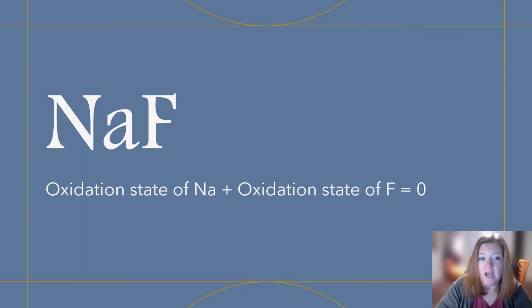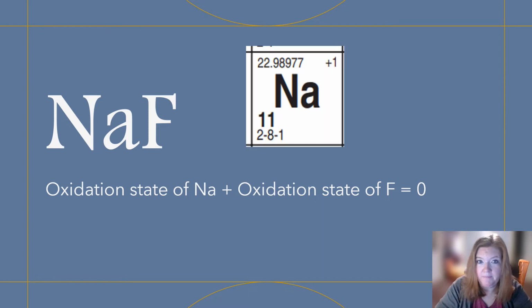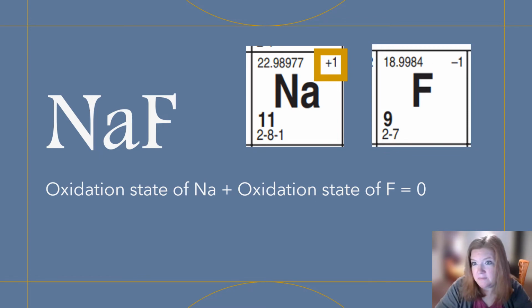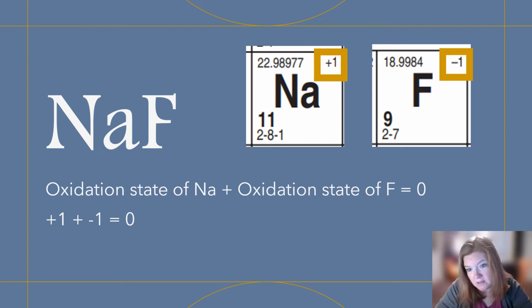So the oxidation state, or the charge, of Na plus the oxidation state of F added together have to be 0. So let's look them up. Well, there's Na and its oxidation state, and there's F and its oxidation state. So if we add them together, we're going to get 0.